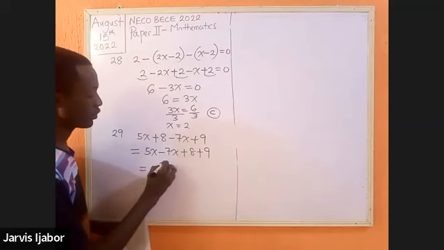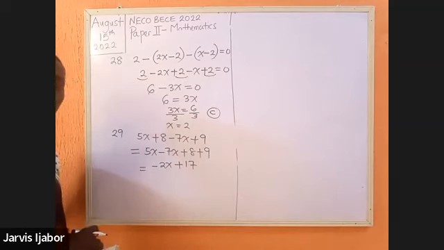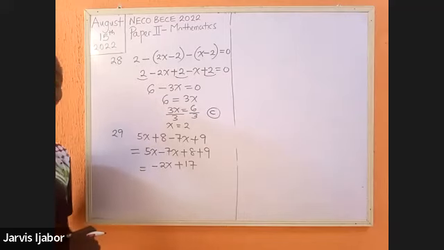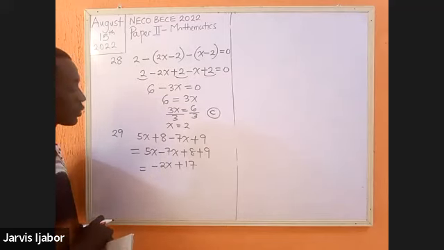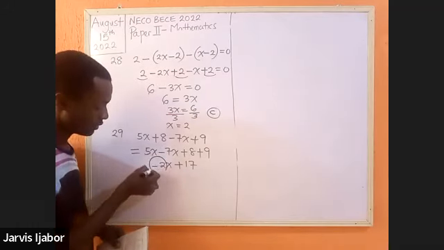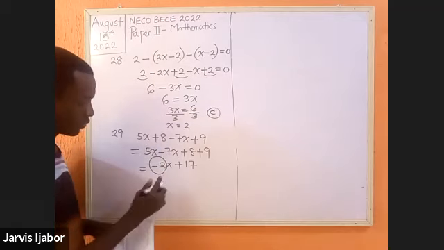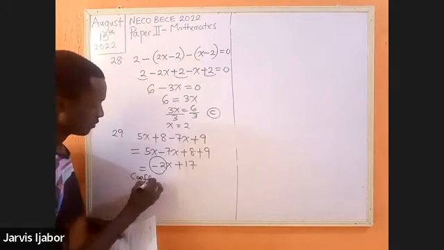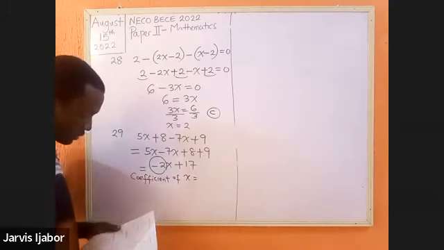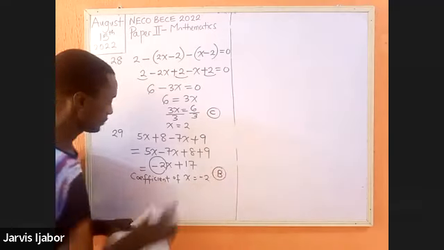This will give me negative 2x plus 17, because 5 minus 7 will give me a negative answer. The question says the coefficient of x. The coefficient of x in this setup is negative 2. And that option is B.